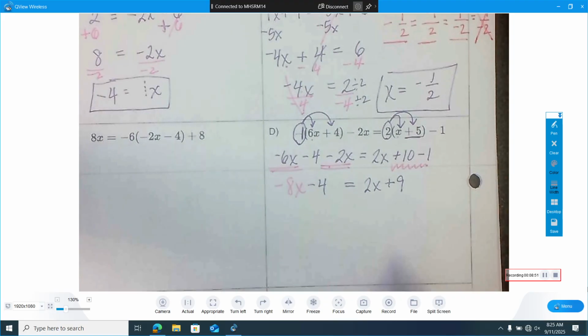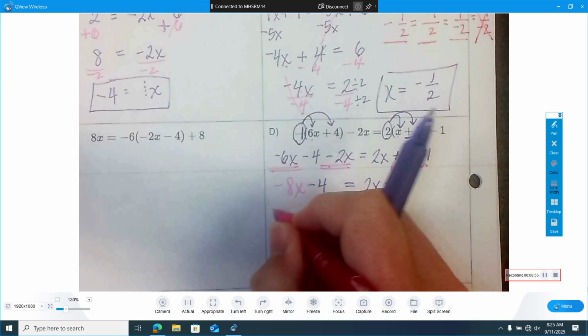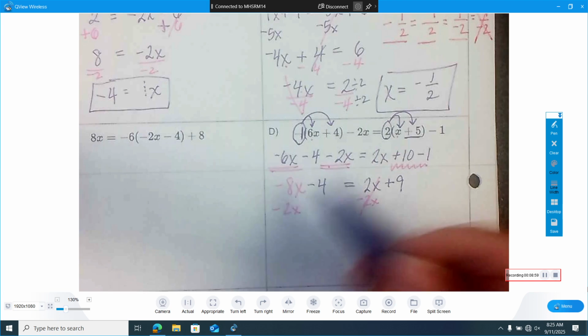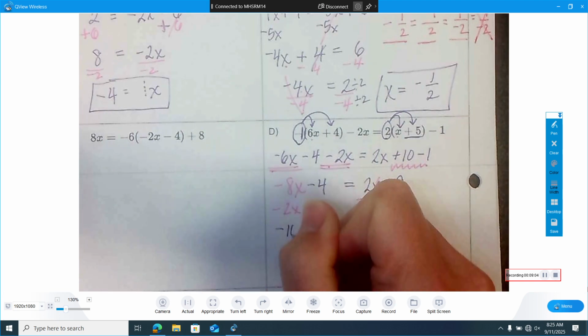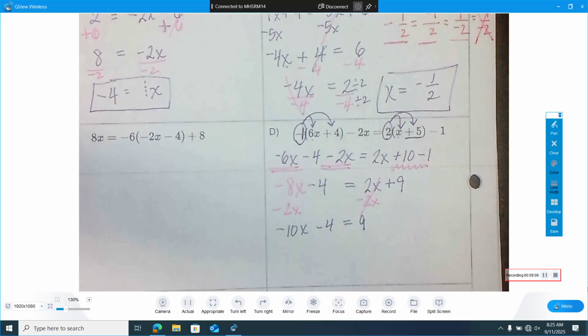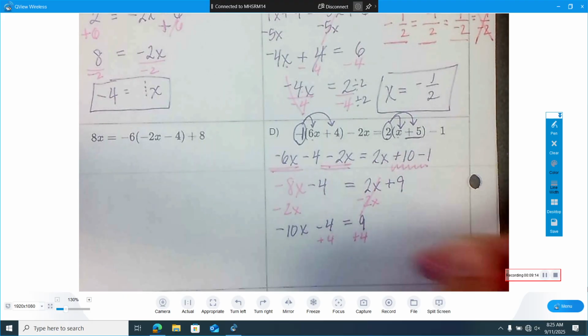All right, again, I'm going to put my letters on the left, so I am going to subtract 2x from both sides. Negative 8x's and negative 2x's is a whole lot of negatives. How many negatives? Negative 10x's. And then we need to do what? Add 4. Very good. Add 4 to both sides.